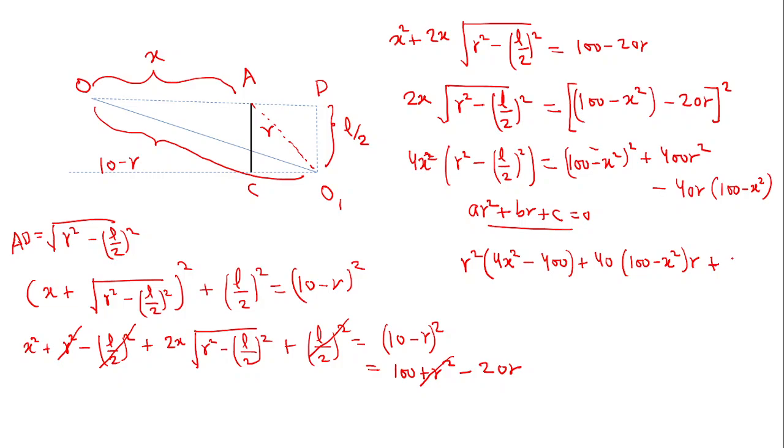We write them in a combined form as c, equal to 0. So now we got aR square plus bR plus c equal to 0.